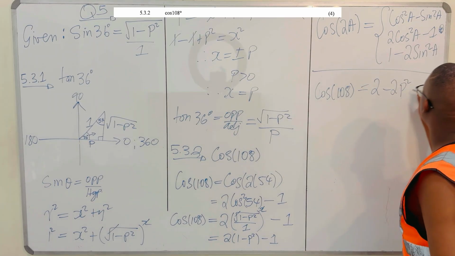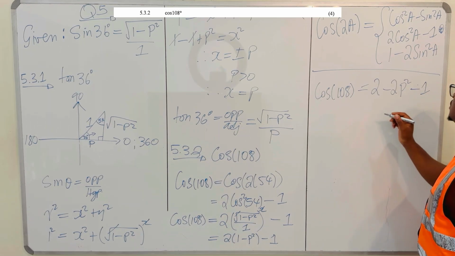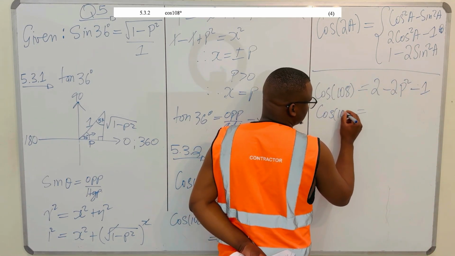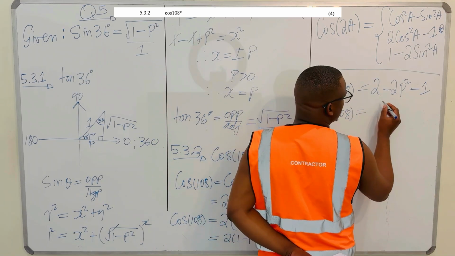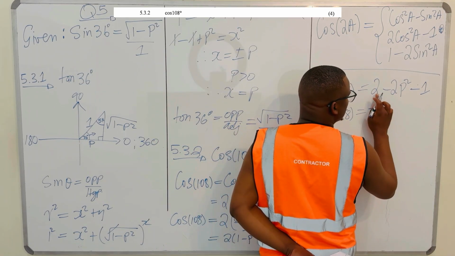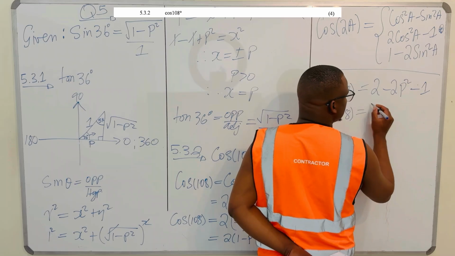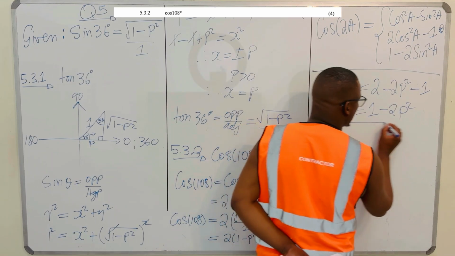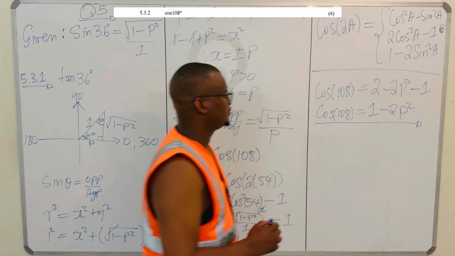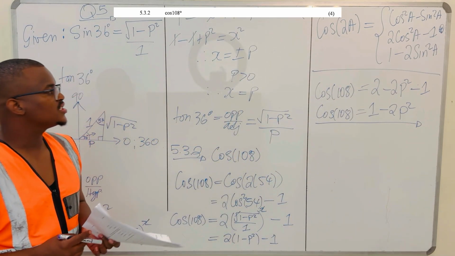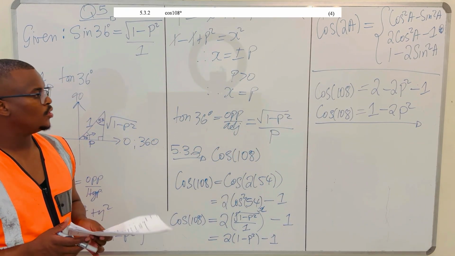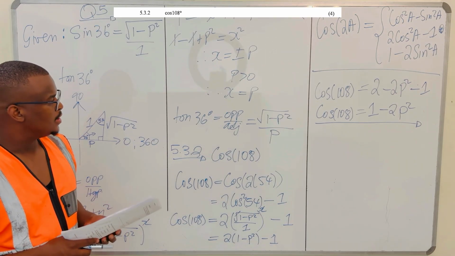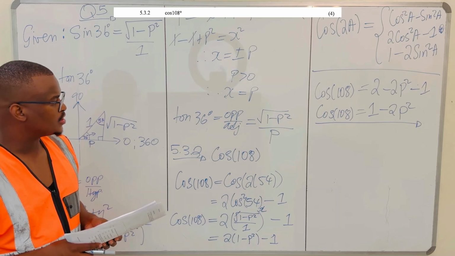Then minus 1 at the back. Therefore, cos 108 is equal to 2 minus 1, which is 1 minus 2p squared. So your cos 108 looks similar to that. I think we're done here, and I hope it does make sense to you as it does to me. Thank you for watching. Cheers.